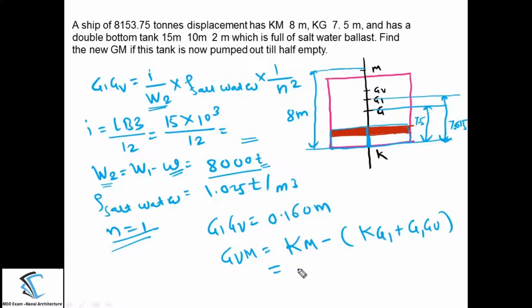If you substitute all the values here, Km is 8 meter, Kg1 we have just calculated is 7.615, plus G1Gv is 0.160. If you substitute all the values, you will get the new metacentric height, that is 0.225 meter. So like this you have to solve this numerical.